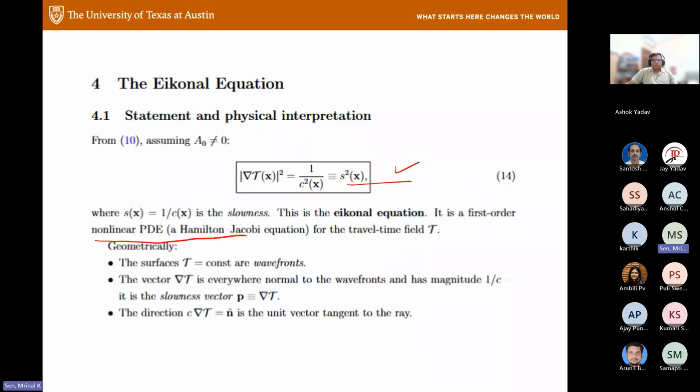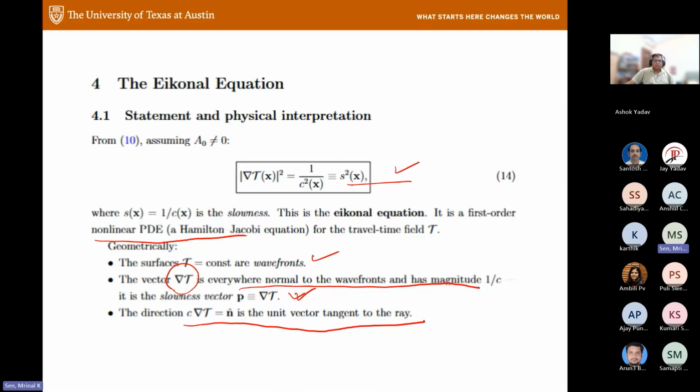Now, the surfaces where tau is equal to a constant are wavefronts. This vector is everywhere normal to the wavefront, and this is the slowness vector. The direction of the unit vector is tangent to the ray. We'll explain that in a second.